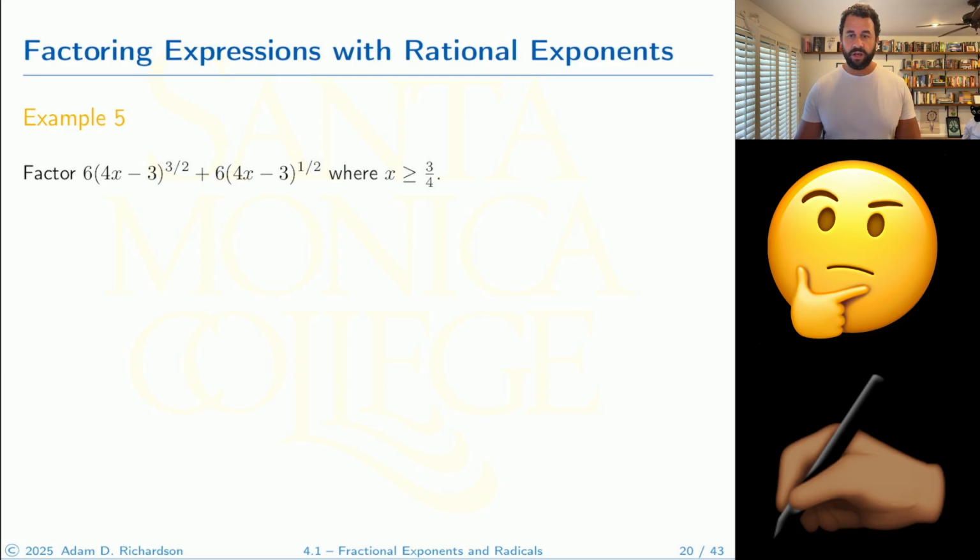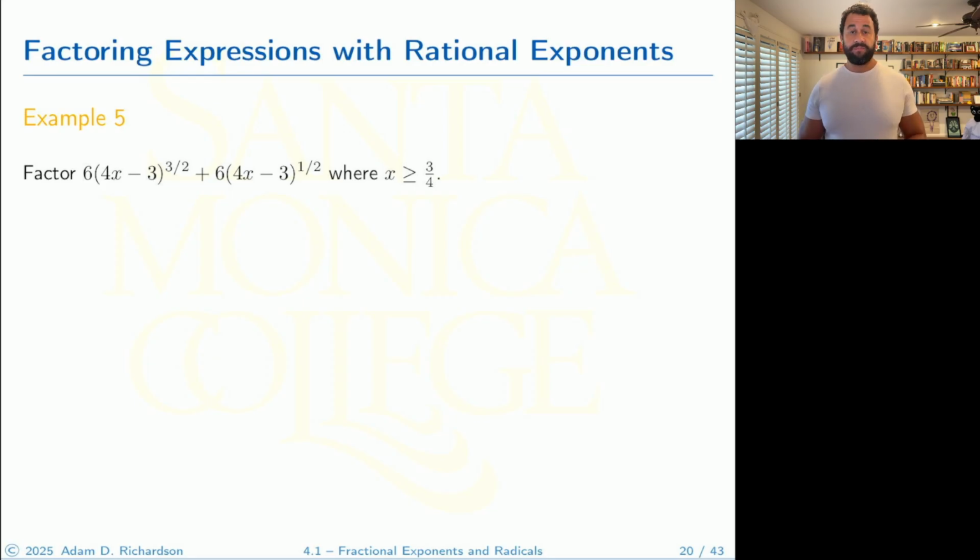Okay, here we go. Let's do it together. Same thing as we did before. I see two terms here. I've got this term here. I've got this term here. Let's see if I can find any common factors. Looks like there's some common factors. There's a common factor of 6. Then there's a common factor of 4x minus 3 to the 1/2.